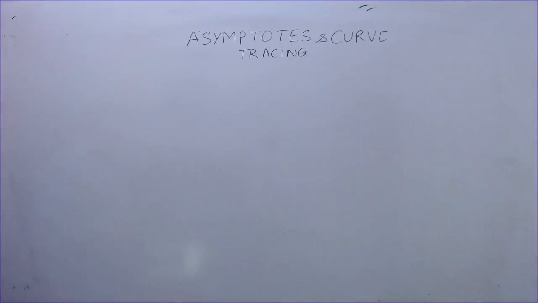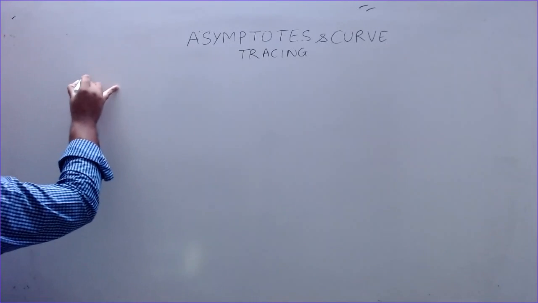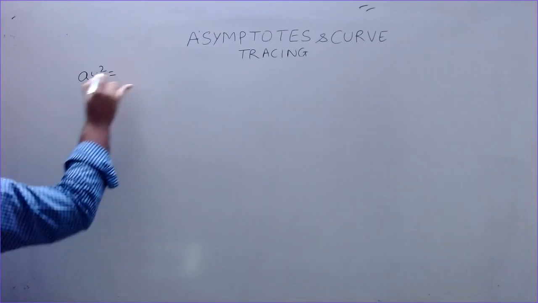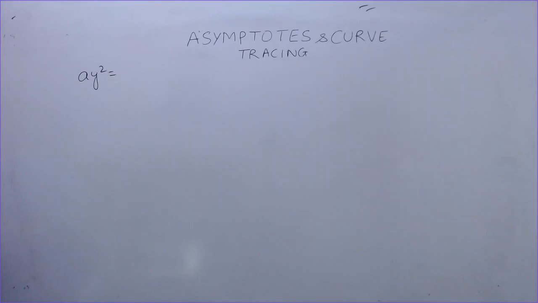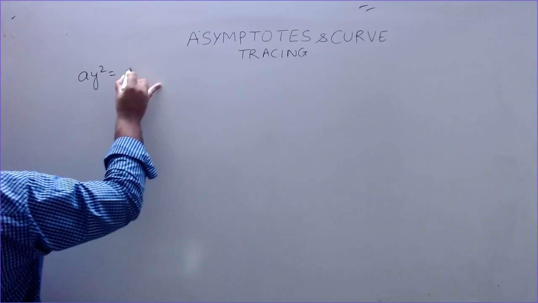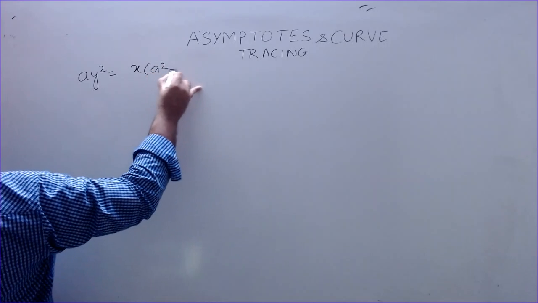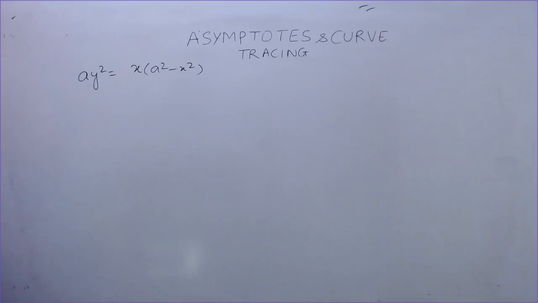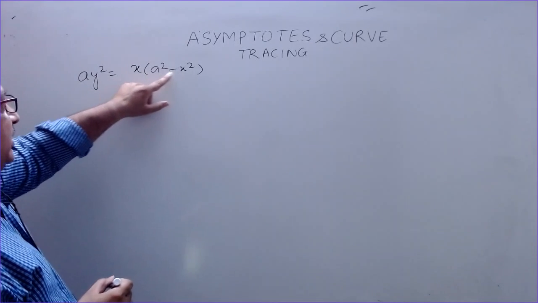The equation given to us is a y square equal to x into a square minus x square. The first point is symmetry. You can see here the power of x is 1 and here it is 3.